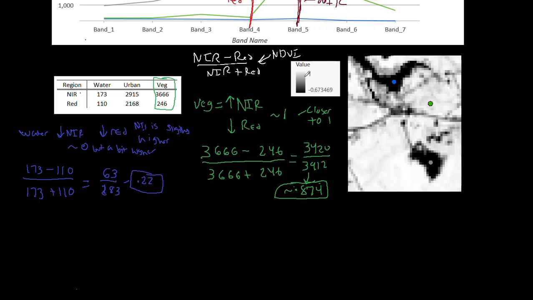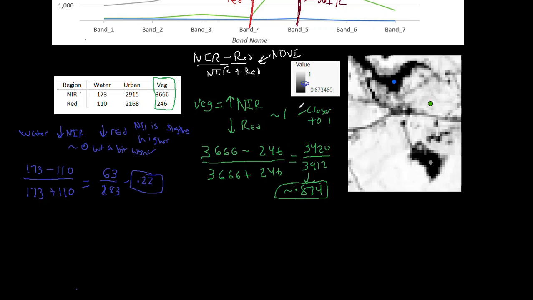So things closer to 1 are going to be brighter white, and 0.874 corresponds to this, which is in a region of generally light gray. Versus this 0.22 is going to be roughly in this area here, maybe even a little lower, which it does, right? This is a darker gray, almost black region. So our values actually do make sense here.